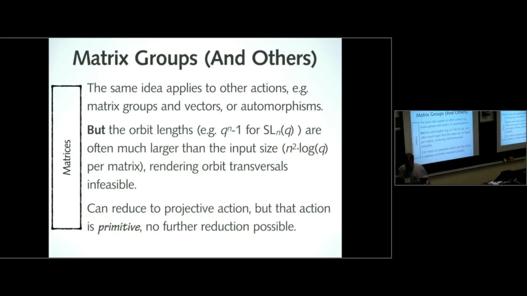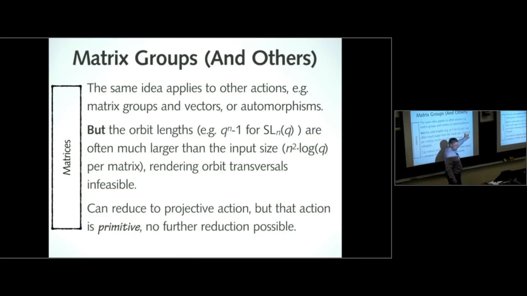If you have permutation groups, in the symmetric group, the stabilizer of a point is comparatively large. The index is at most the size of the domain. But for vector spaces, the size we want to use is not the number of vectors. It's something like the dimension, maybe times the cost of storing field elements. So, in this case, if we just take the action of a matrix group on vectors, the orbit length gets much larger than the size of the input.